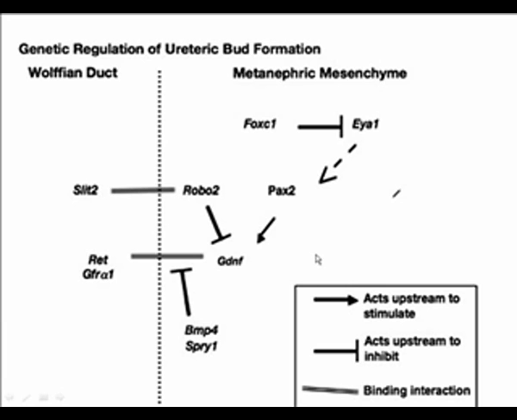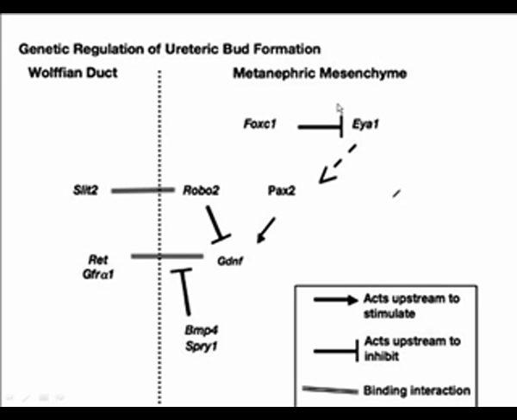When we look at the ureteric bud, it's going to give rise to the ureter, and then the renal pelvis, and then the major calyces, the minor calyces, and the collecting tubules. So this is going to branch significantly.